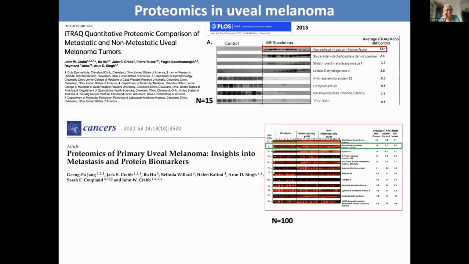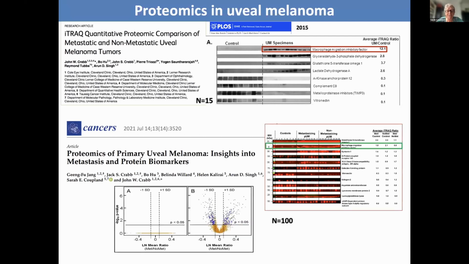And we've worked together with John, and we had a cohort of 100 uveal melanoma samples, and these were all primary tumors, divided into low and high risk tumors. And indeed, this MIF doesn't really differentiate between tumors which are likely to metastasize and those that are not.